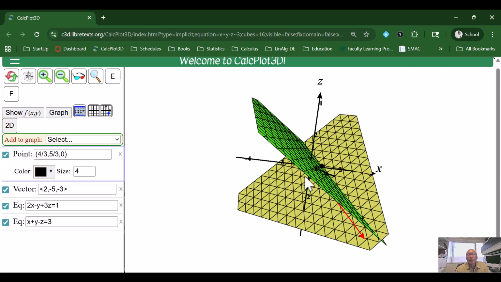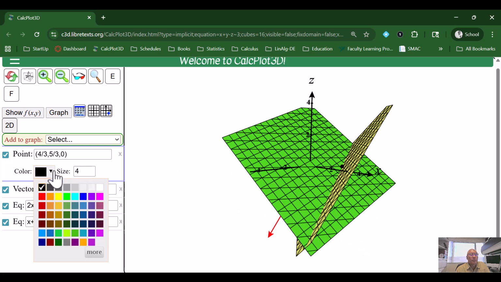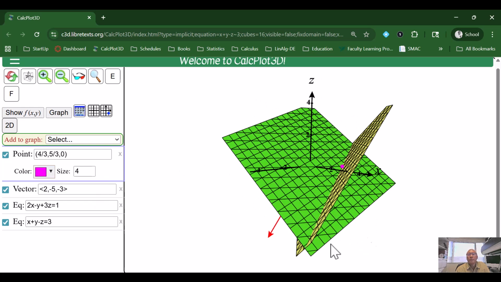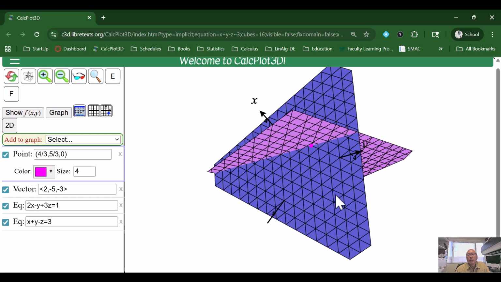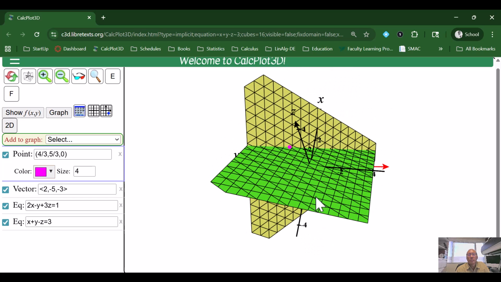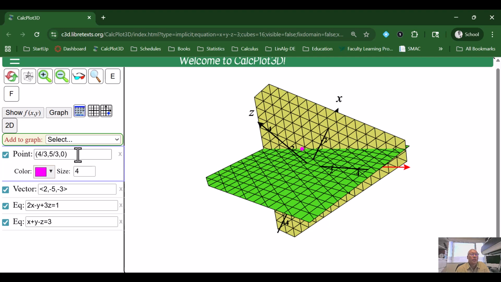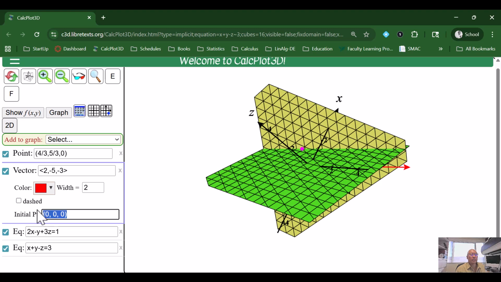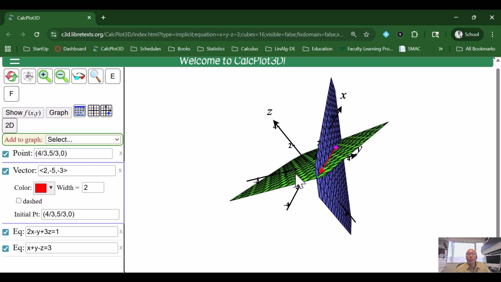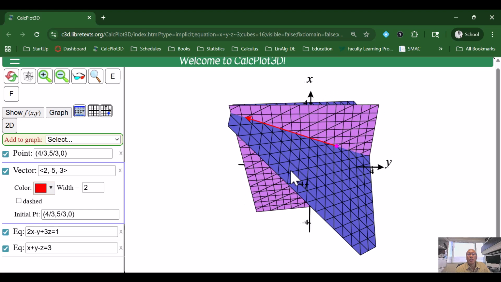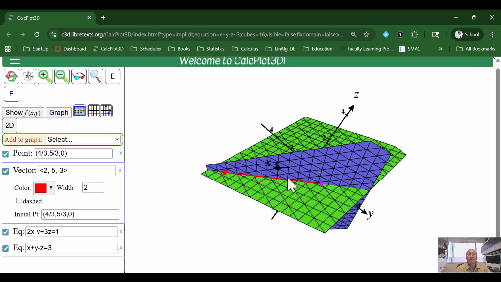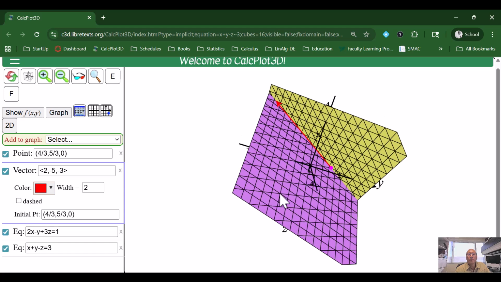And if I look at that closely, you can see that it looks like it is on both planes, which is great news. And now let's copy that point and make it the tail, the initial point of that vector. So physically move that vector to that point, and then we should see that the vector is now along that line. Okay, we can see that.